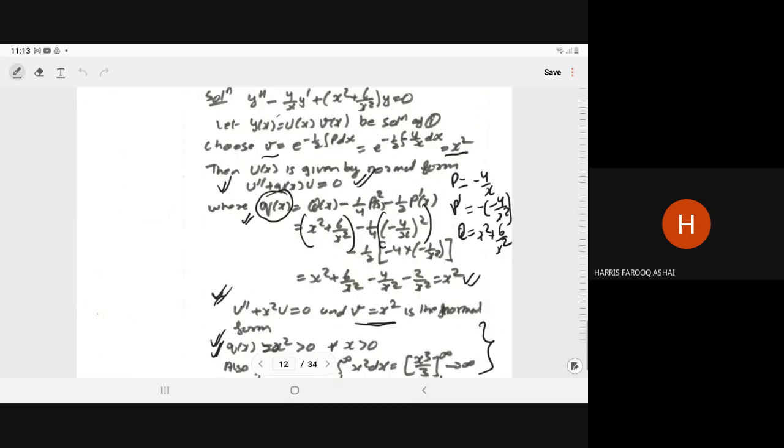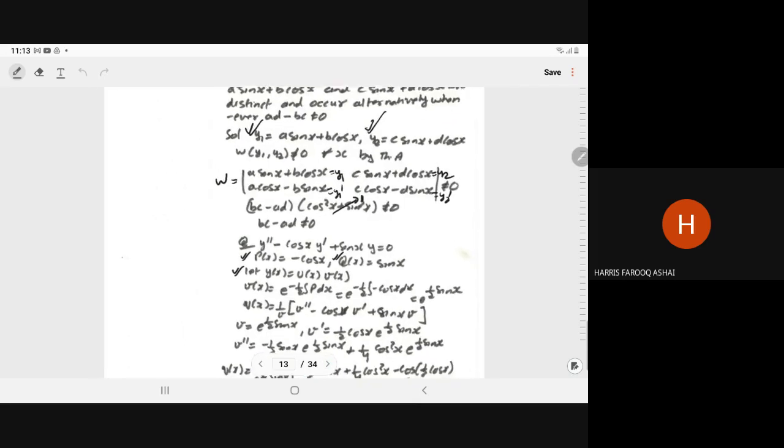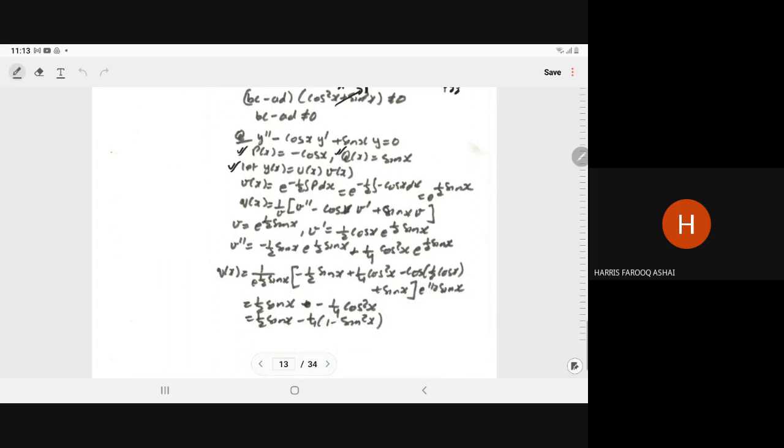And q(x) is equal to 1 upon v times (v double dash plus p v dash plus q v). So here what is v?